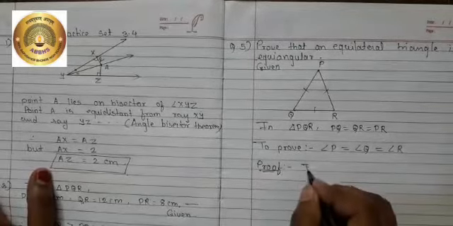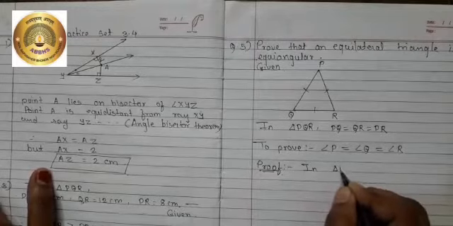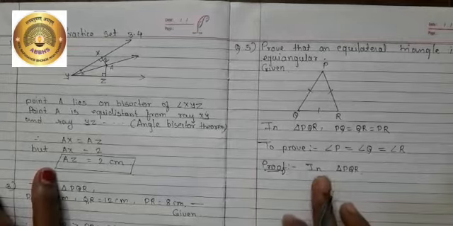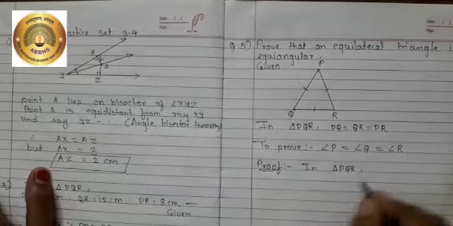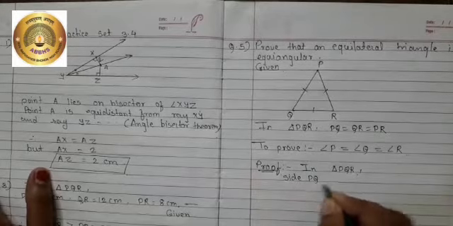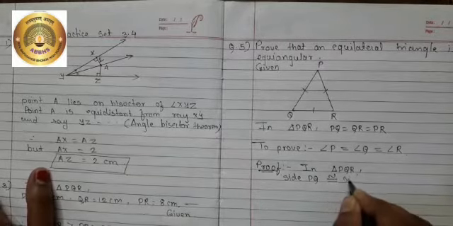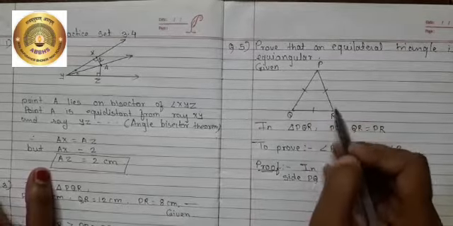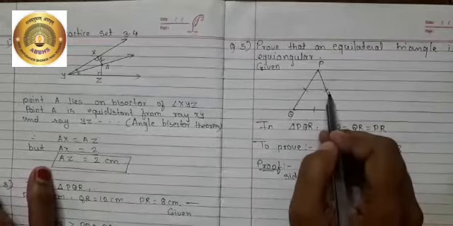So here, in triangle, introduction of the figure. Figure name is PQR, so we'll give the introduction. In triangle PQR, we can say that side PQ is congruent to side PR. If you observe, PQ is congruent to PR by the identical marks I have shown.